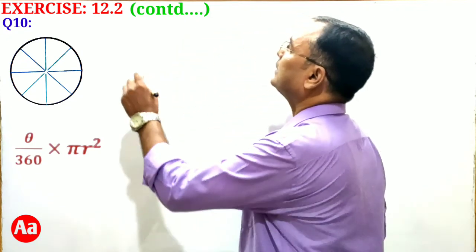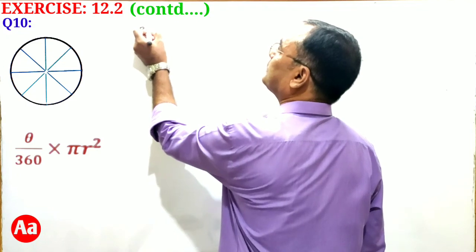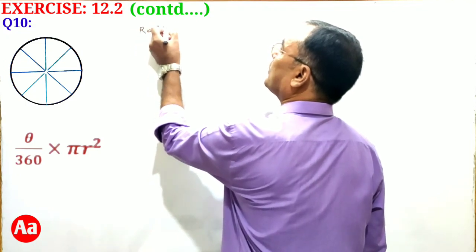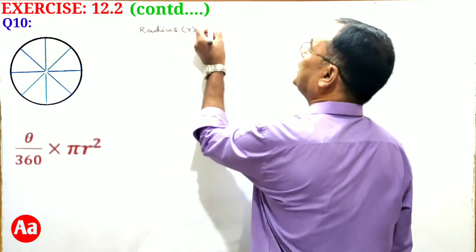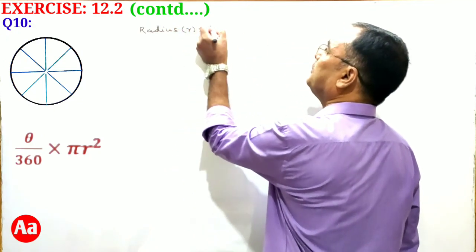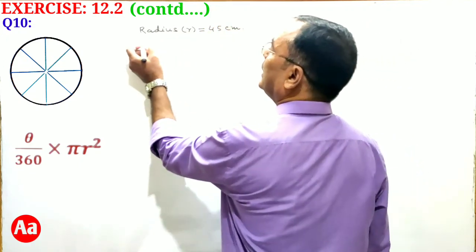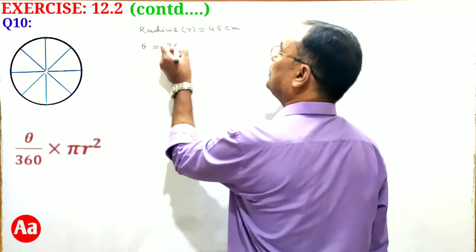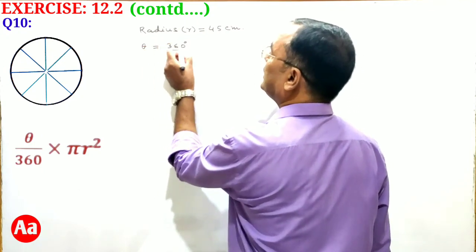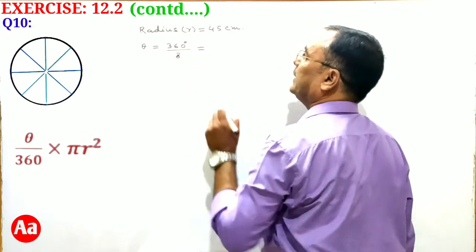So let us write radius R is equal to 45 centimeter, and sector angle theta is equal to total angle 360 degree at the center divided by 8.